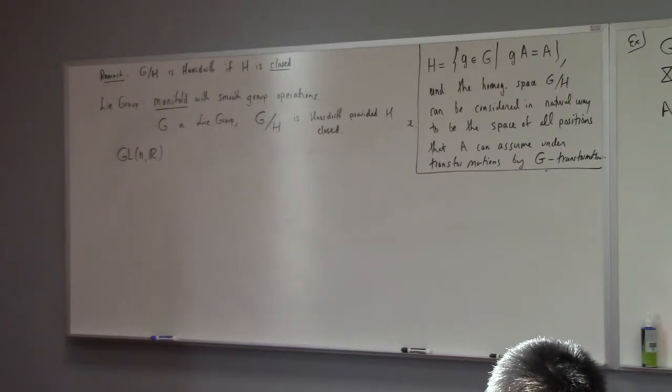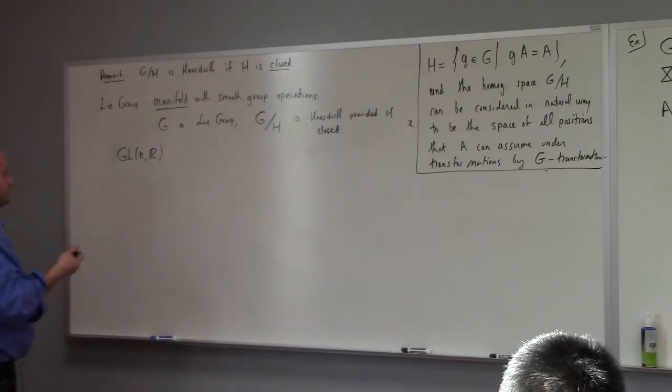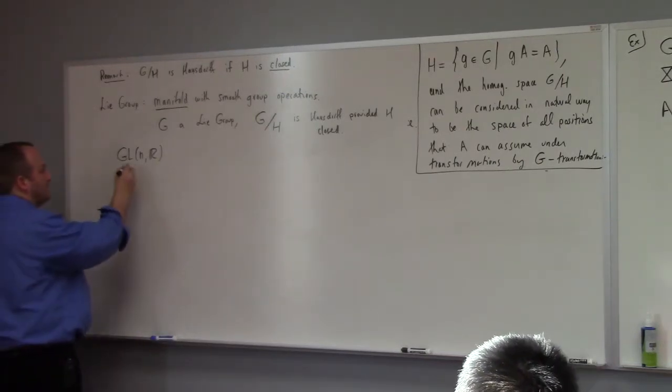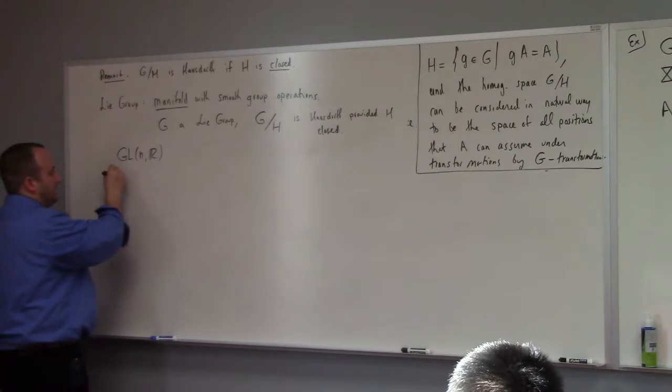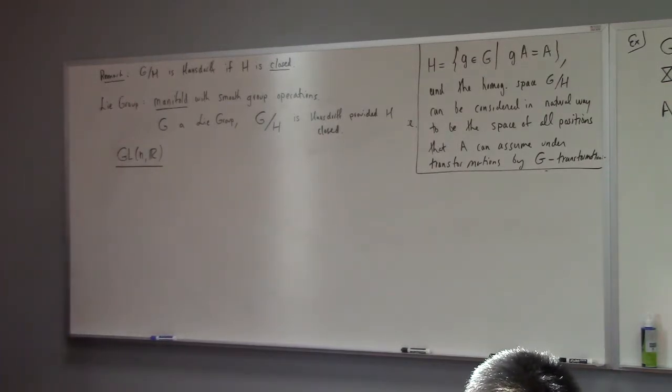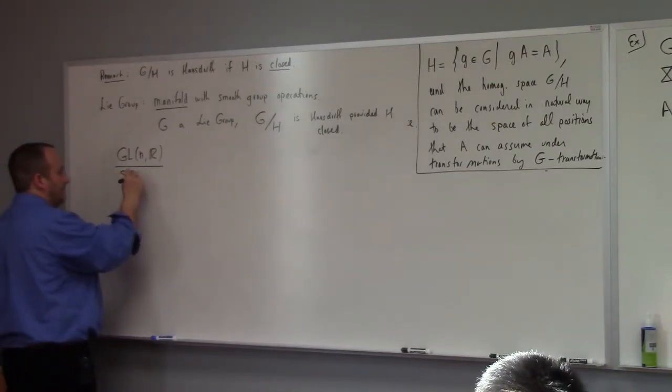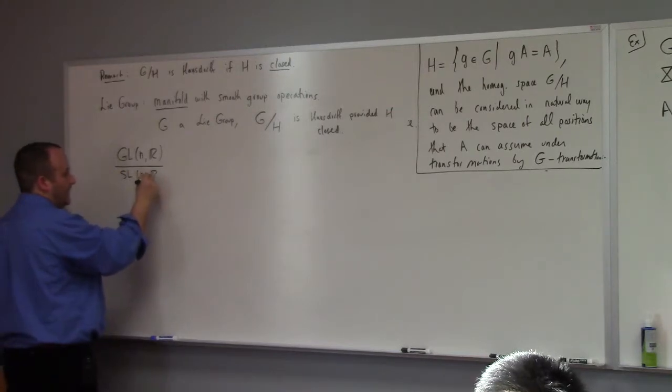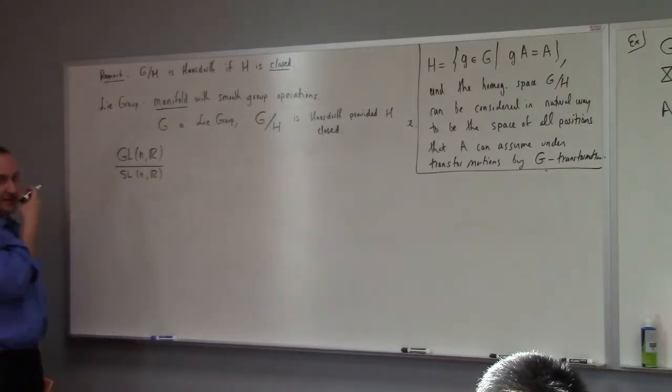And what's a closed subgroup of GLn(R)? Right, SLn(R). This would be a closed subgroup of GLn(R).